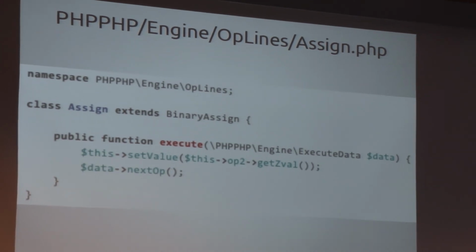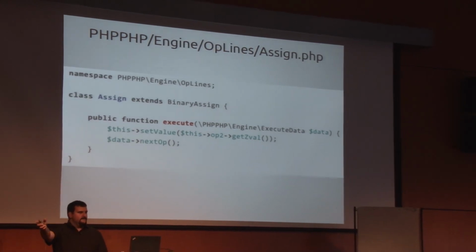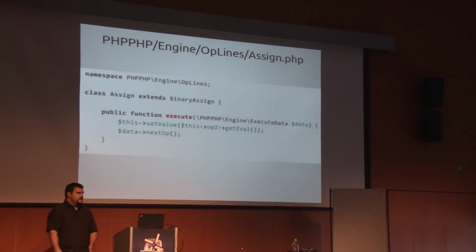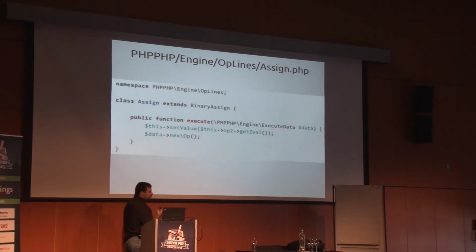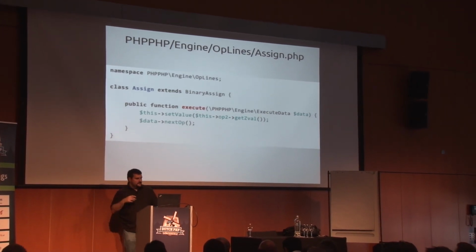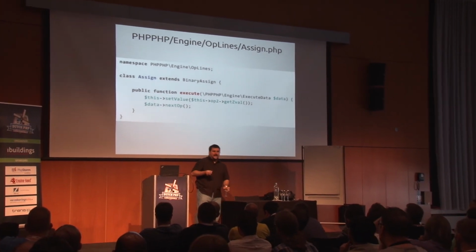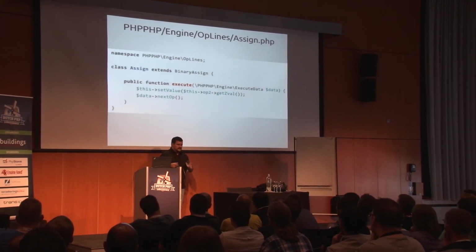Assign basically just says, set the left value to the right value's value. Straightforward. There's a lot of magic happening under the hood. It doesn't really work 100% in PHP. We have to fake a lot of things, and it has to do with how pointers behave in C versus in PHP.